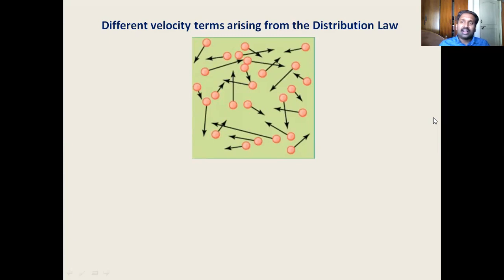Using the distribution function directly, you cannot calculate any velocities of the gas molecules.